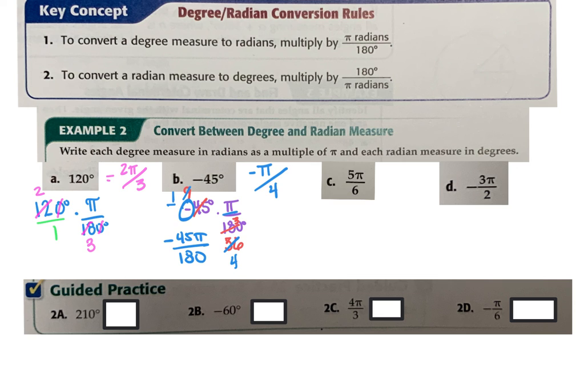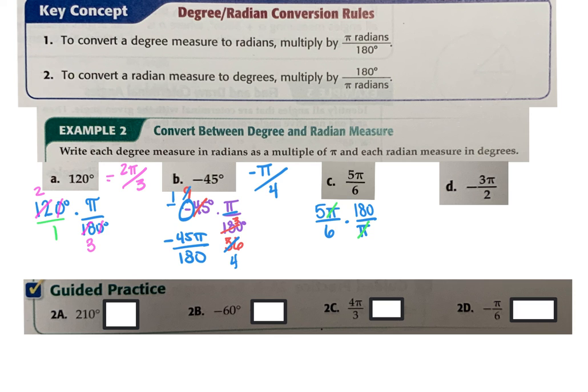I'm going to change them to degrees. So I'm going to take my 5 pi over 6, and I'm going to multiply that by 180 over pi. All right? Now here, my pi's should cancel, right? So my pi's cancel here.